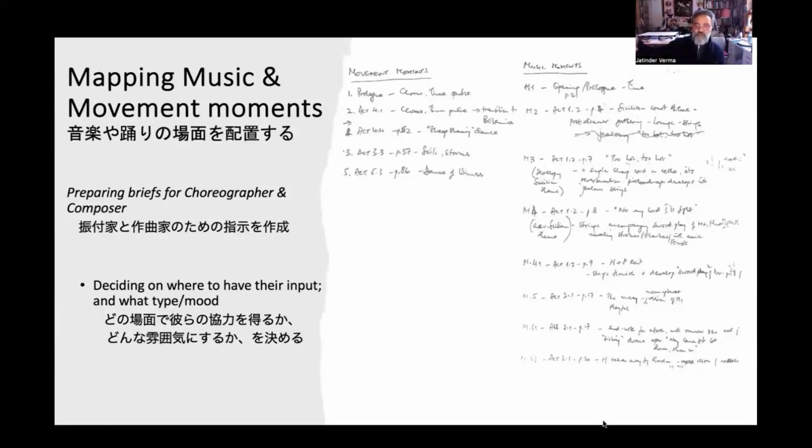And in terms of music, where I see the input from the composer. So I drew a map going right through the text of where I see these moments and gave them some little direction of what could be the quality of the choreography or the music that I wanted.